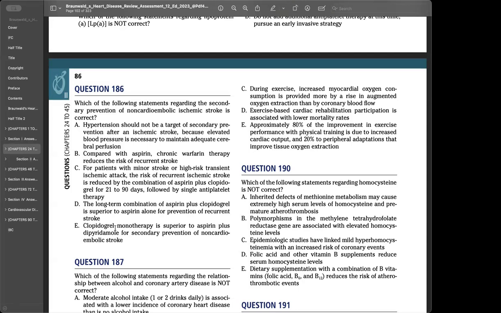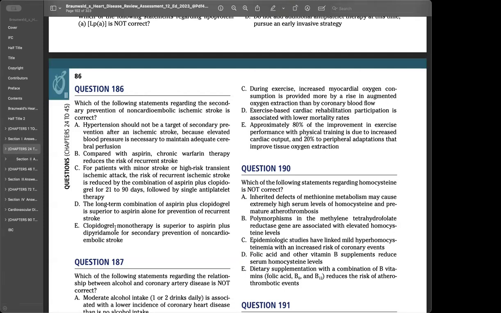Option B, polymorphism of methylene tetrahydrofolate reductase gene is associated with elevated homocysteine levels.